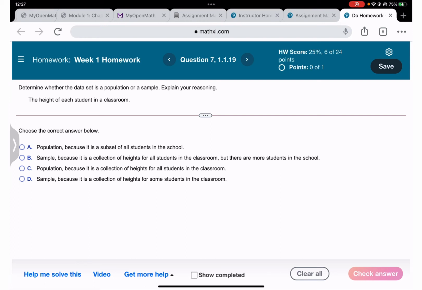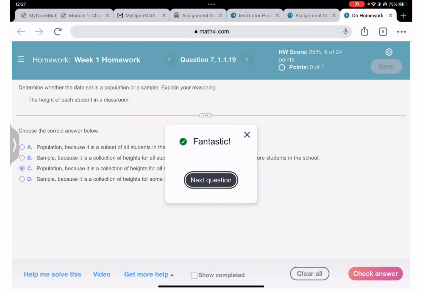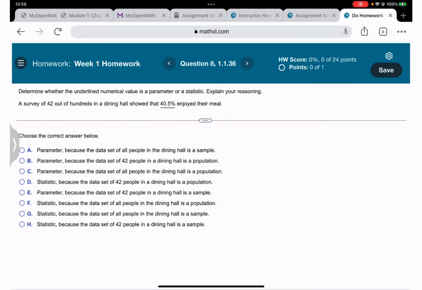But which one? Population because it is a subset of all students. No, that's baloney. C, population because it is a collection of heights for all students in the classroom. This one. Question number 8.